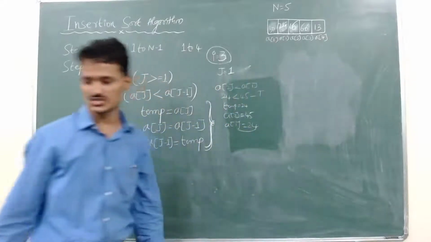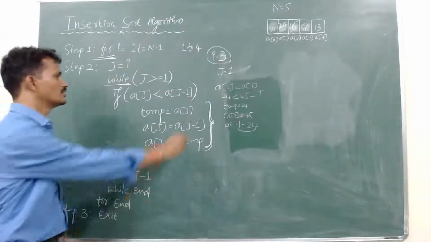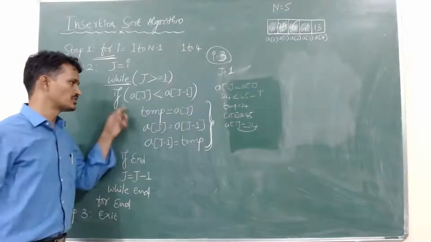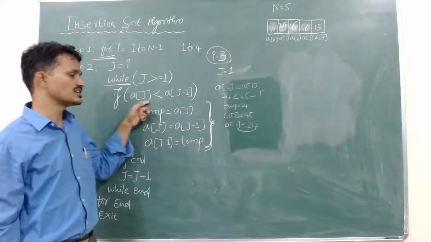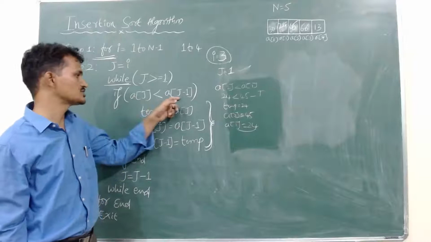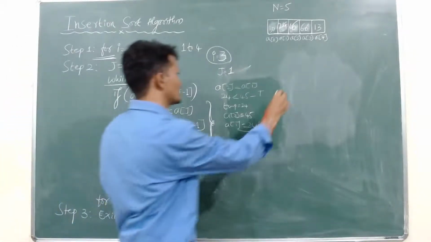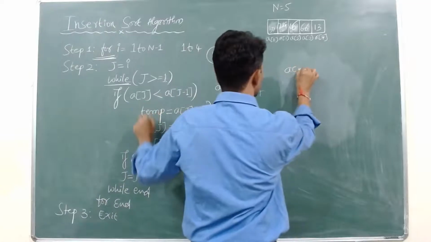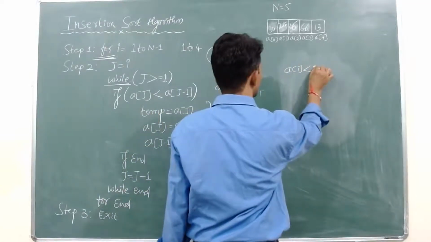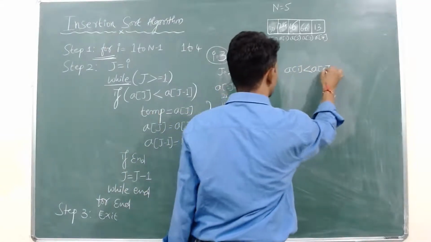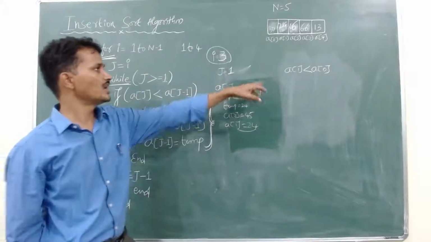When this condition is true, again it comes here. If a of j is less than a of j minus 1, a of j means a of 1. Let me write here, a of j means a of 1, a of j minus 1 means a of 0. Now we'll write the values inside this.